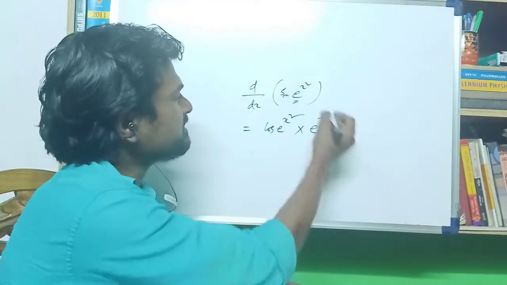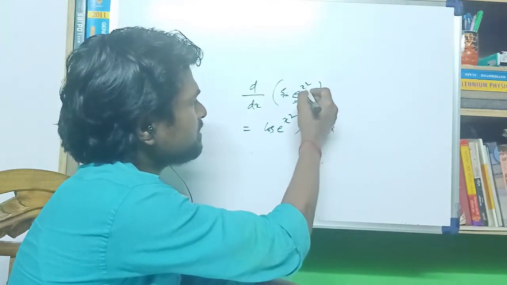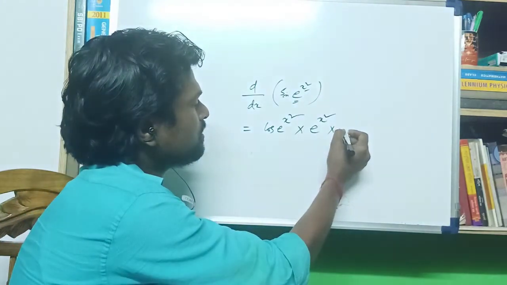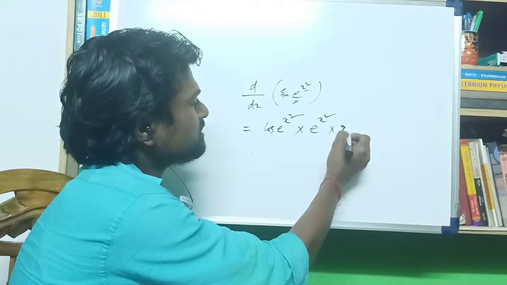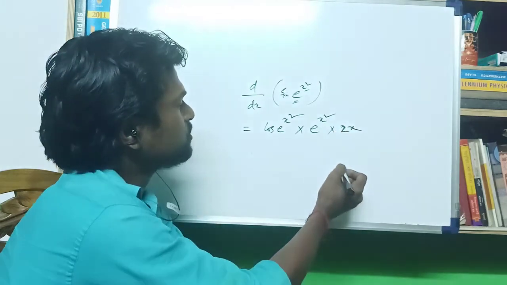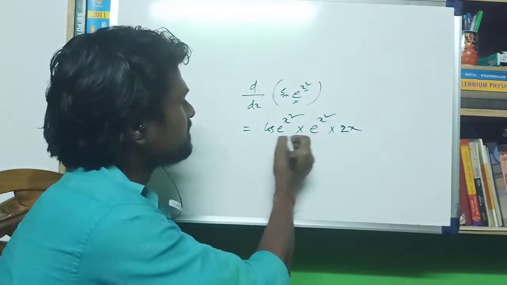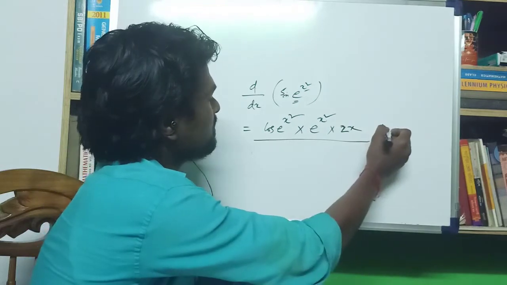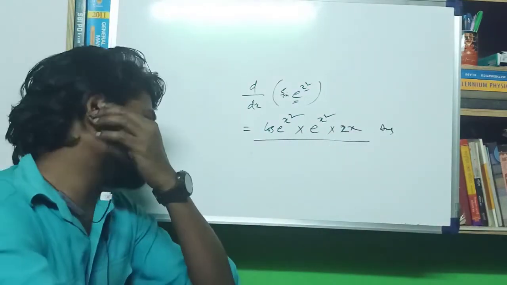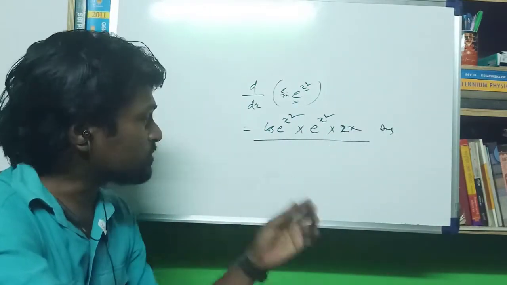Then take the derivative of the value x square, so this is 2x. So the answer is cos e to the power of x square into e to the power x square into 2x.